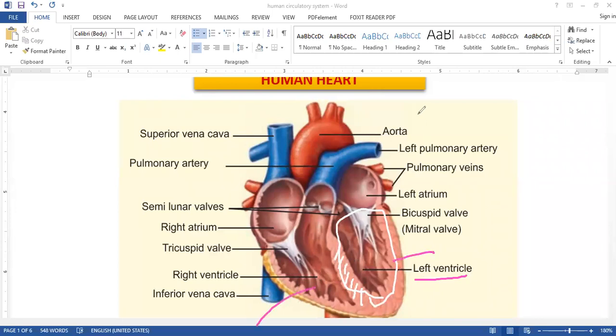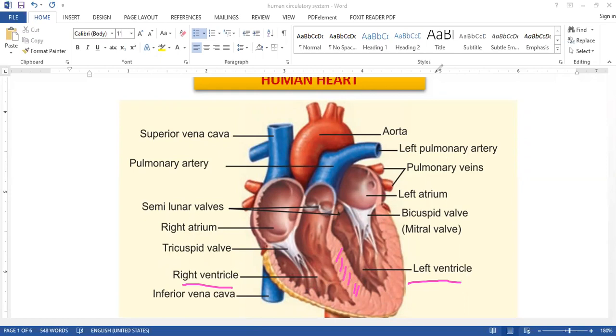Do you see this one? Look at this. This is so thick when you compare it with the right ventricle. So the left ventricle chamber is thicker than the right ventricle. There is a reason we will be studying later.